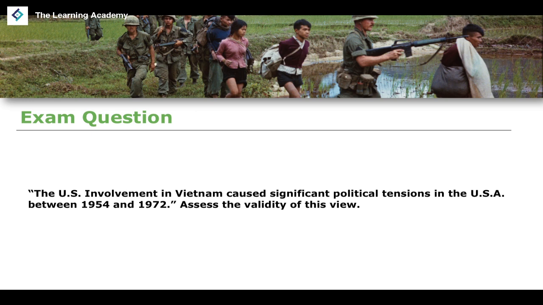So let's talk about the situation in Vietnam, and I think you can go a little bit back and forth in a bit of a debate as to when the US involvement in Vietnam caused significant political tensions in the USA, because you could arguably make the claim that initially, early on, at least between 1954 and maybe up to 1960, for example, the US involvement in Vietnam did not cause significant political tensions in the USA.